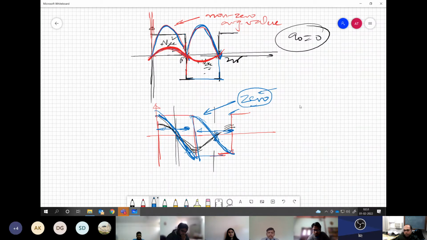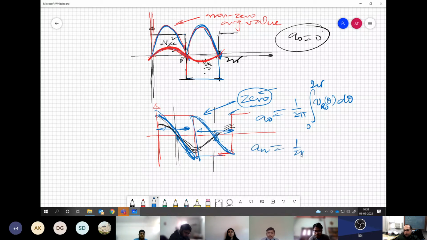Everywhere we are trying to take an average. That's why this 1 by 2 pi, 0 to 2 pi integration is there. Whether you take it with V_RO theta d theta, this means you are trying to take out the DC component. If you are trying to take out the cosinusoids, which is A_n, this is basically V_RO theta cos n theta d theta.